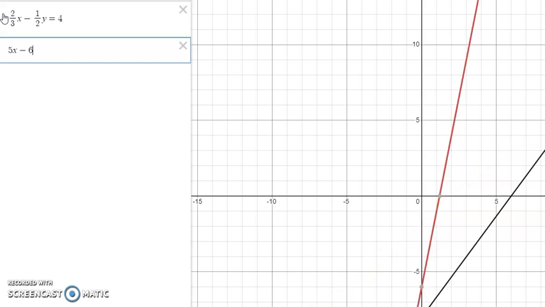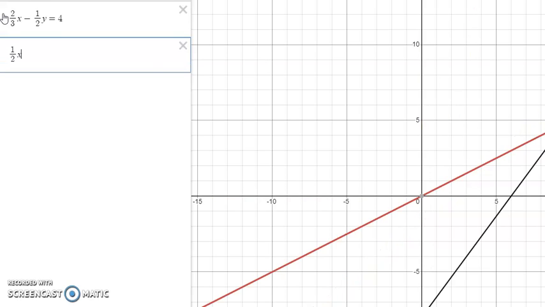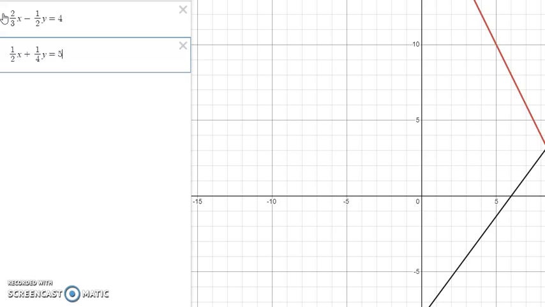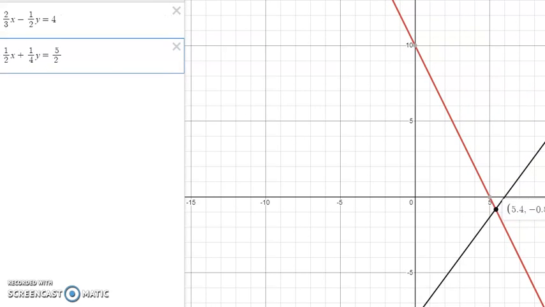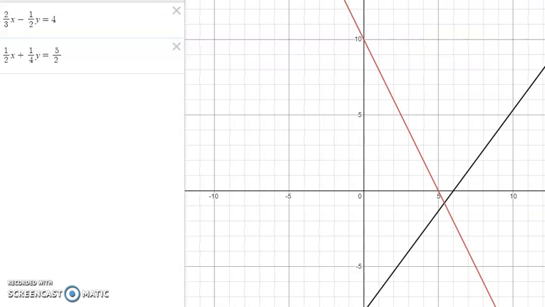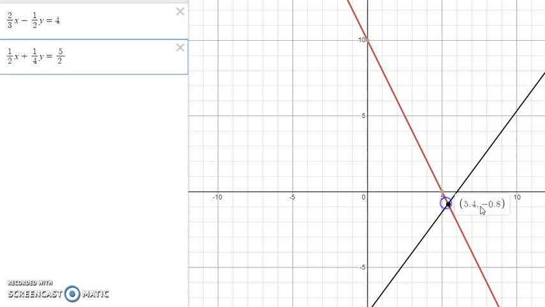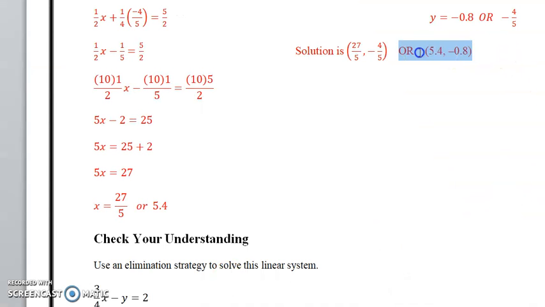This is why I like Desmos, so smooth. Then 1/2 x plus 1/4 y equals 5/2. There's your intersection point, and you can see the equations. 5.4 and negative 0.8, which was our solution.